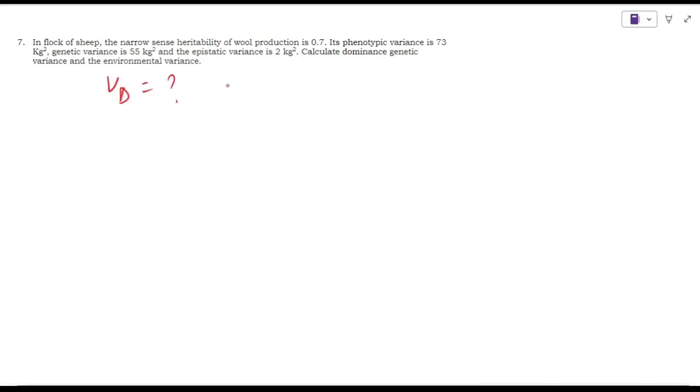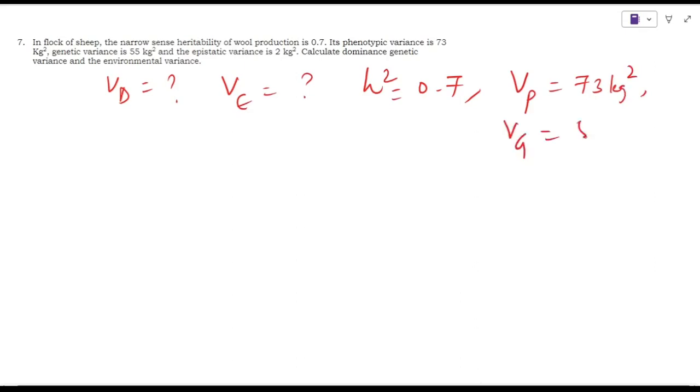Understand? So what is given to you? Narrow sense heritability, small h square is given 0.7, and VP is 73 kg square, and VG is 55 kg square, and epistatic variation, that is VI, genic interaction variation, is 2 kg square. Then you need to calculate VD and VE.